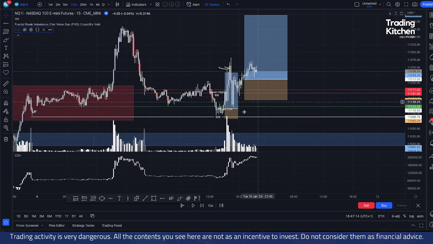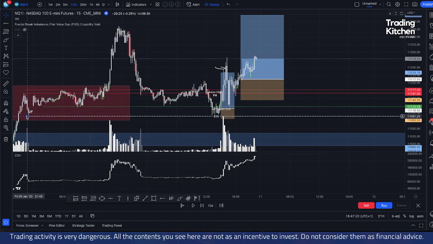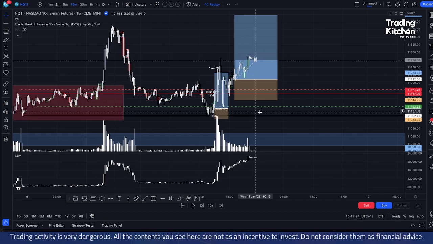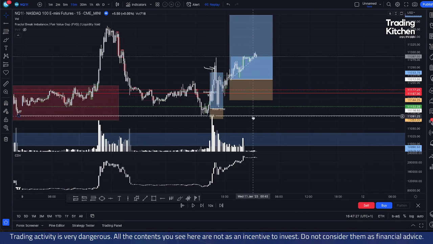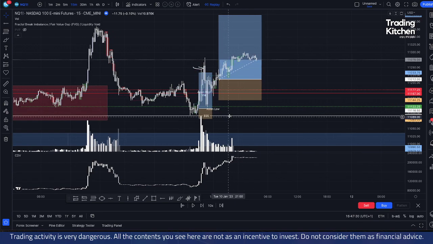Remember that even if this liquidity level is not, oh sorry, this is my mistake. No, okay, even if this liquidity level will be touched, so until price grabs the liquidity here, probably price will go to do that, okay.